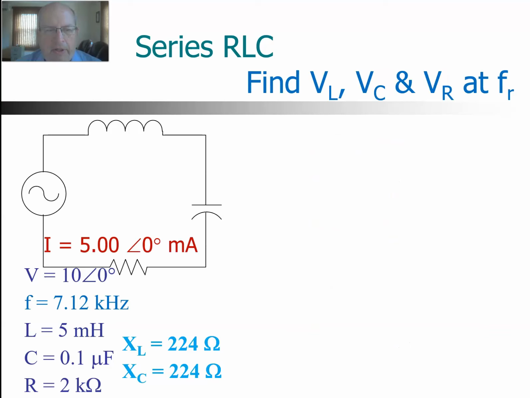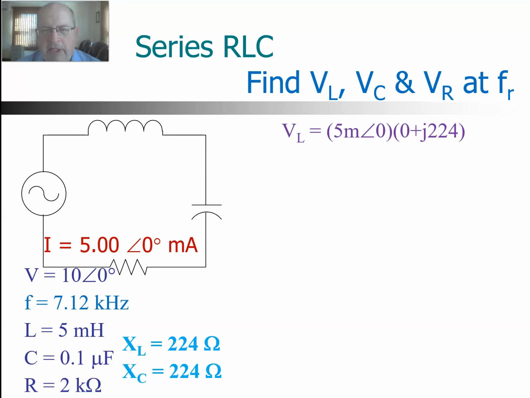So here's the circuit that we have at resonance, the same one we started with. 7.12 kilohertz we figured out is the resonant frequency. We found the current. Now let's find the voltage across V_C, V_L, and V_R, again at resonance. We take the current and multiply by the Z of each component, just Ohm's law for each component individually.